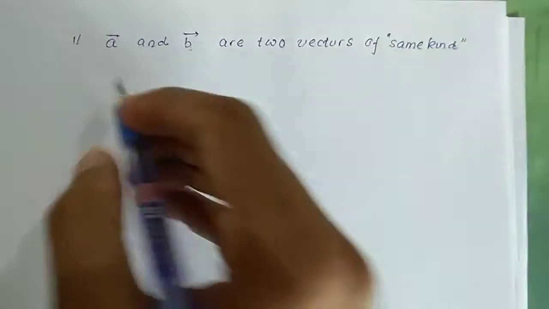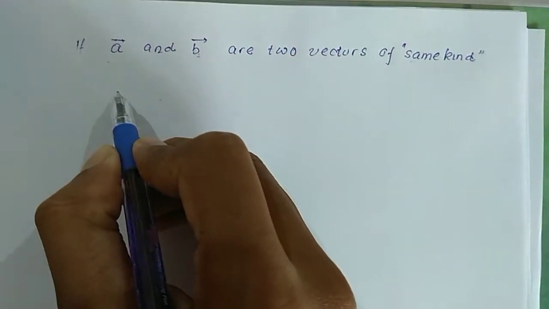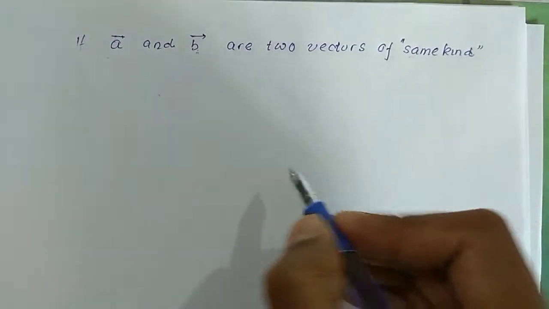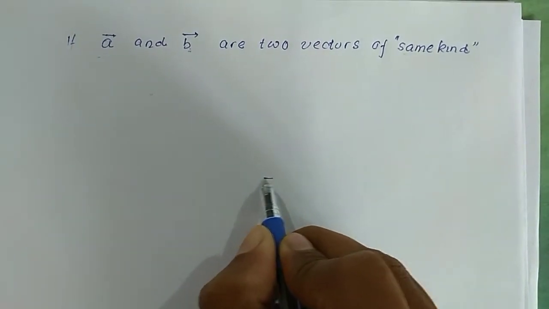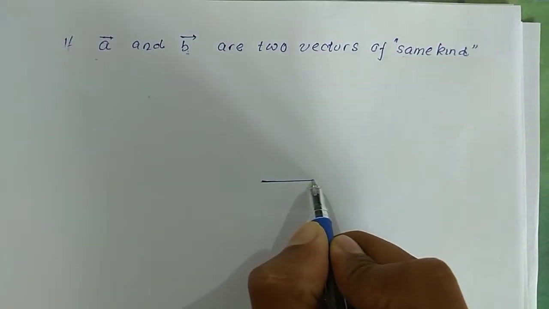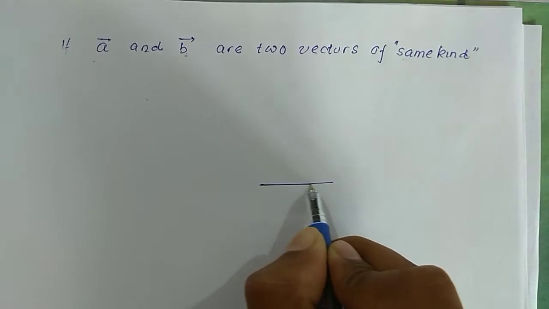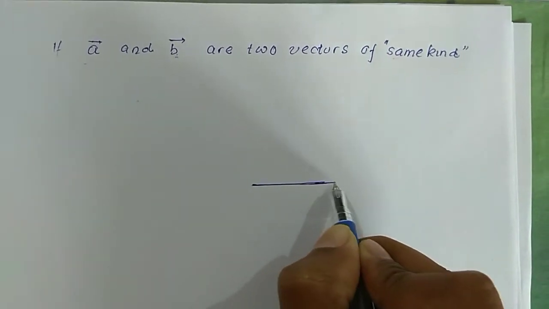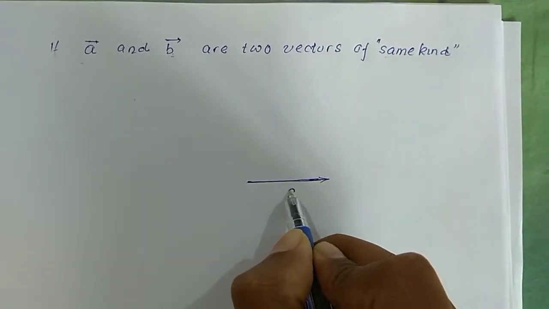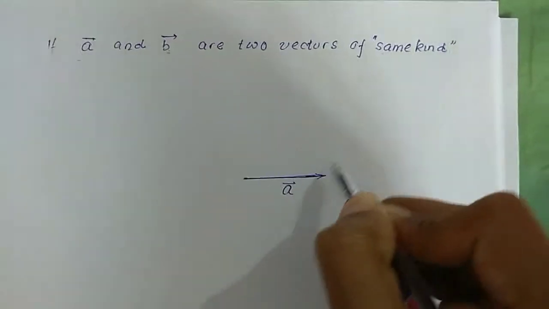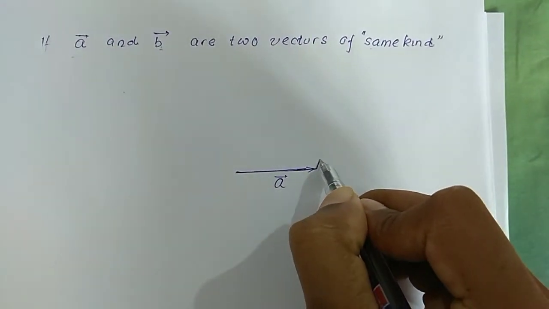Now, according to the triangle law, suppose vector A is in this sense and B is in this sense.